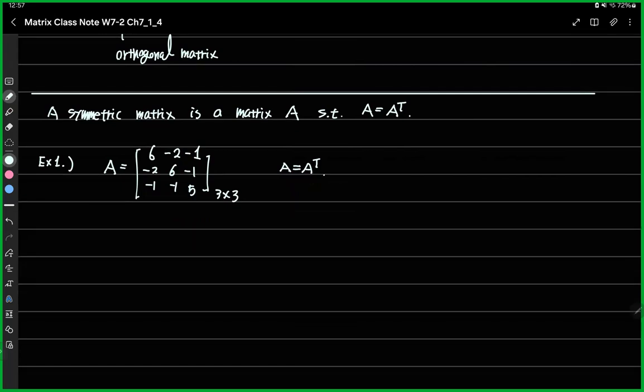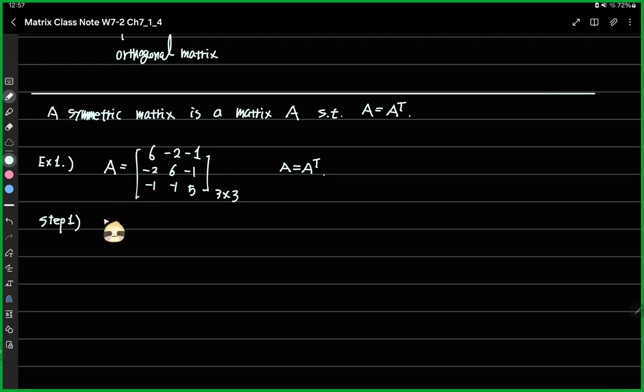Let me just diagonalize matrix A. I'm going to find the eigenvalues and eigenvectors first. I want to try to decompose matrix A into PDP inverse. To do that, I'm going to find the eigenvalues and eigenvectors. So first we need to get the characteristic equation.